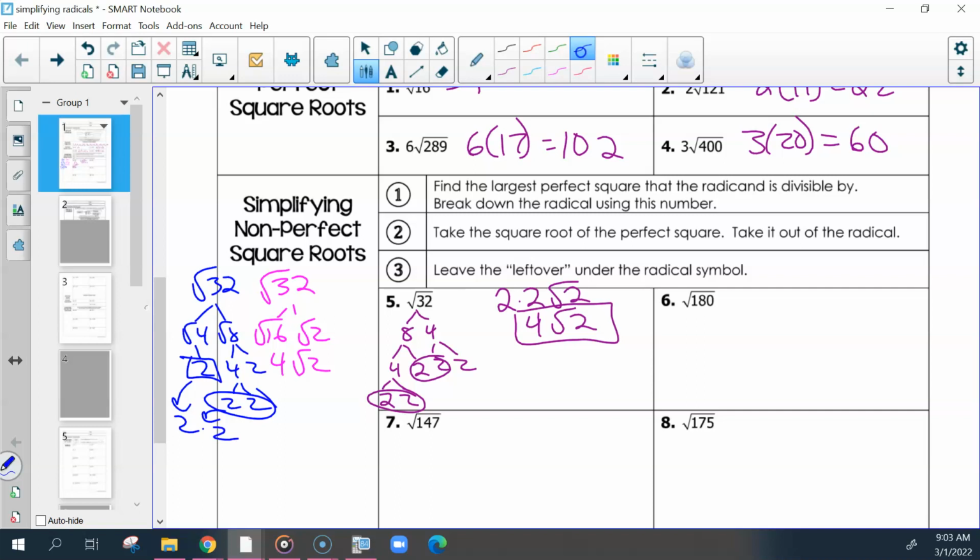And then the one leftover 2 that would be on the inside. So it would be like a mixture of this method and this method. Would that still work? Yes. Could that get confusing? Also yes. But regardless, pick a method that works best for you.